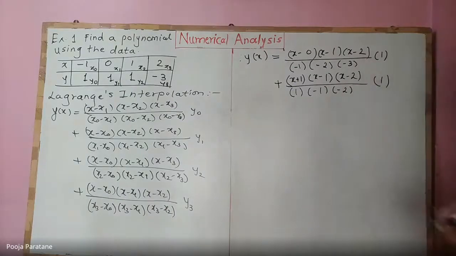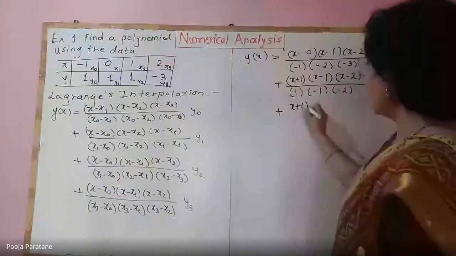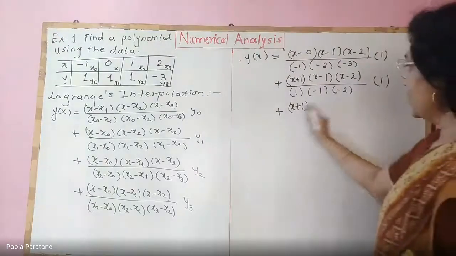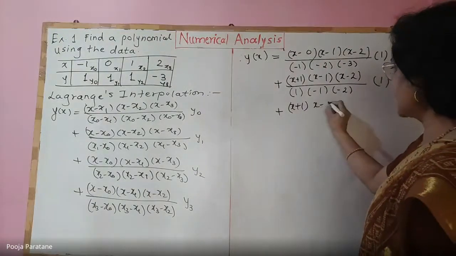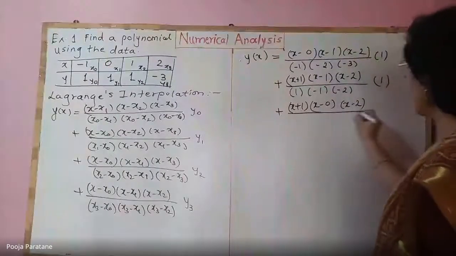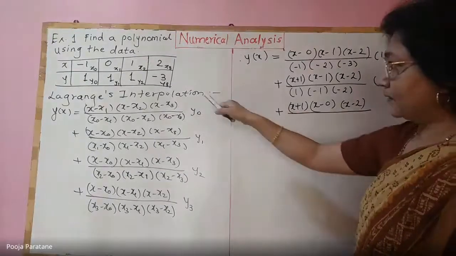So put it in the bracket, plus next. Now we are writing it for y2, that is, the corresponding value of x is x2. So x plus 1, x minus 0 and x minus 2. What is the value of x2? The value of x2 is 1.